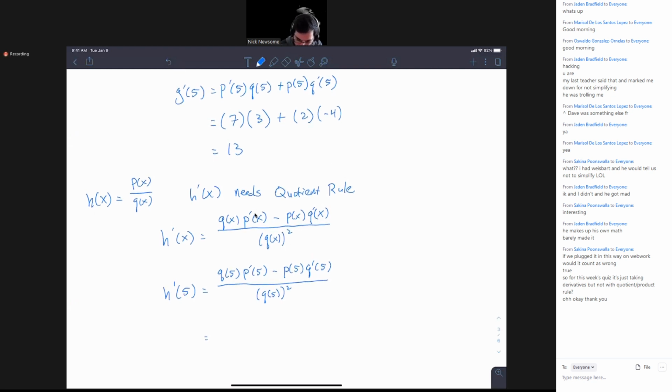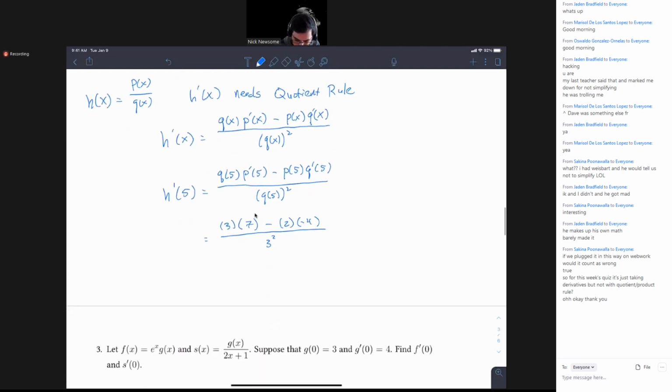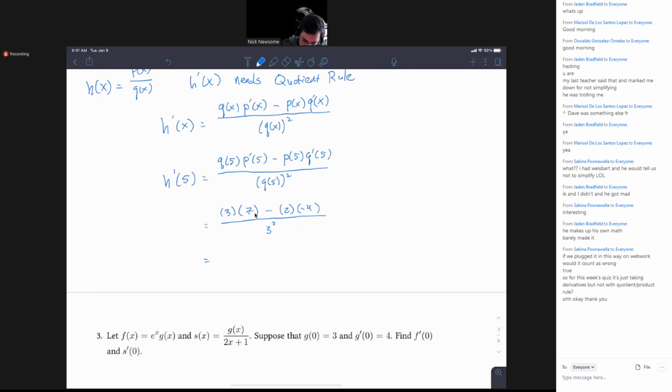Q of 5 is 3, p prime of 5 is 7, minus p of 5 is 2, q prime of 5 is minus 4, all over q of 5 is 3 squared. And simplify, and we get, what do we get here? 21 plus 8 is 29 over 9.